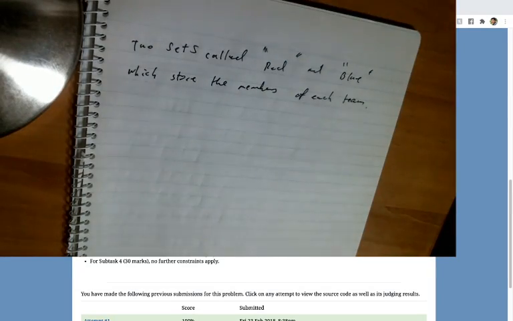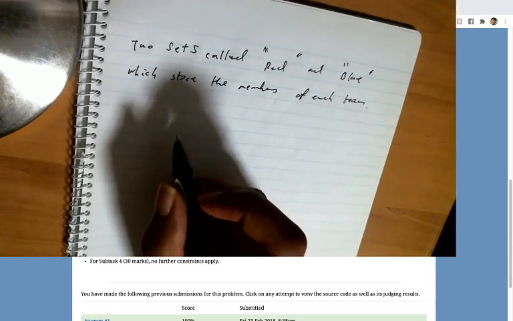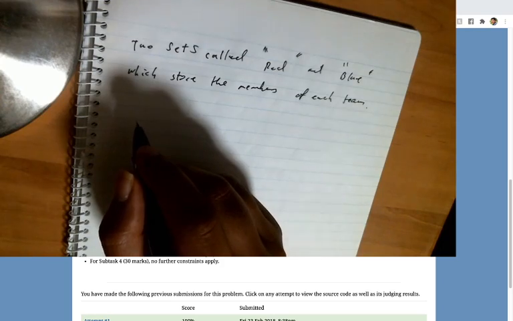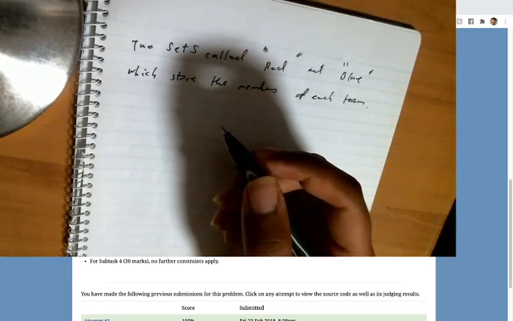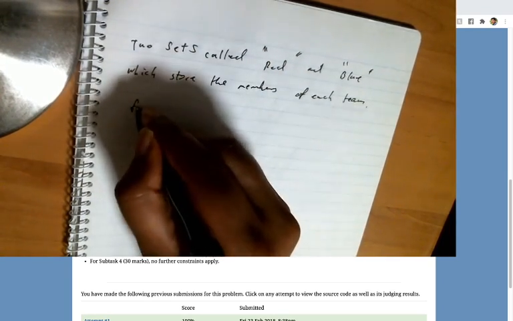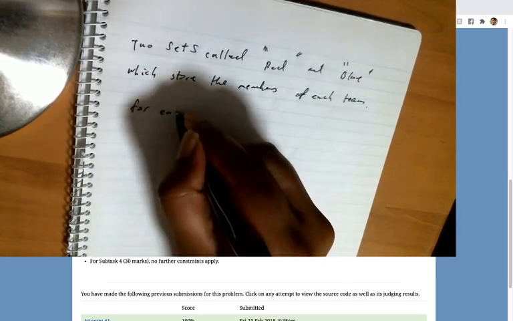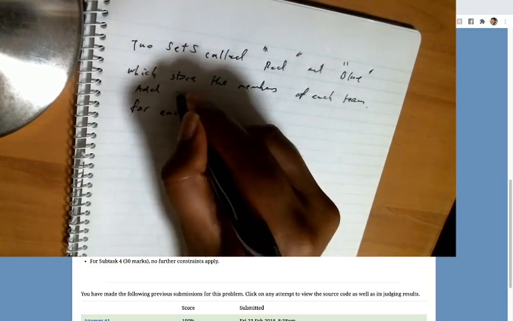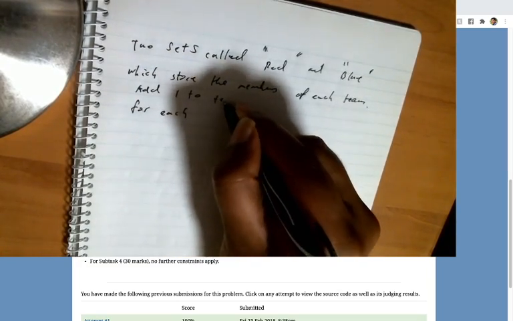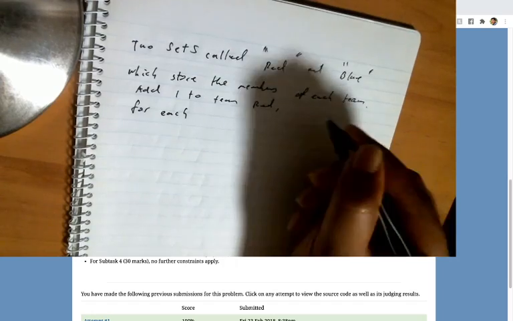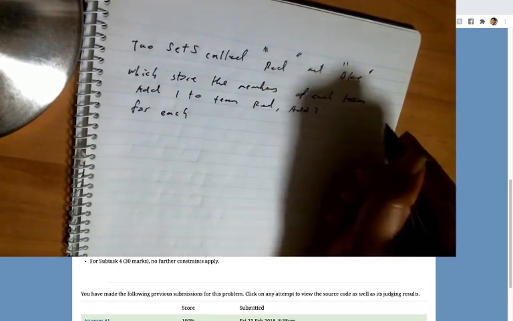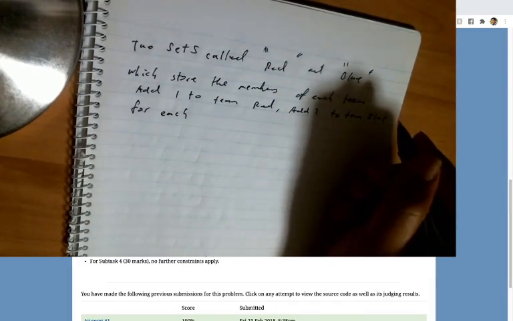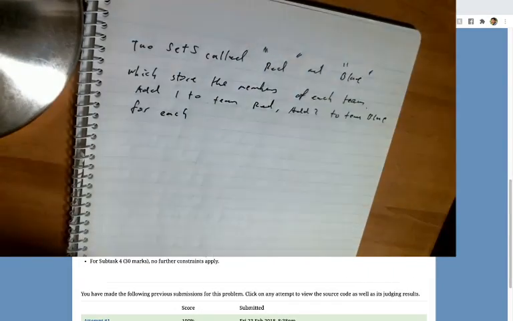So what we do now is we use the magic of the set. We load everything in. So add 1 to team red and add 2 to team blue, because we're given that 1 is initially on the red team and 2 is initially on the blue team.